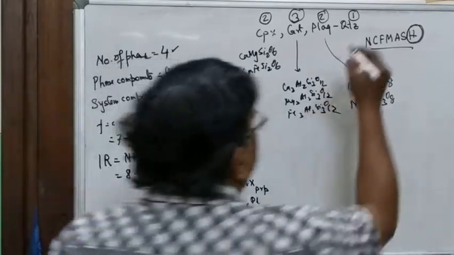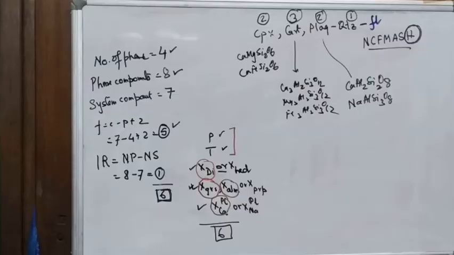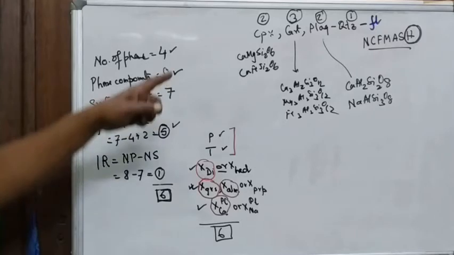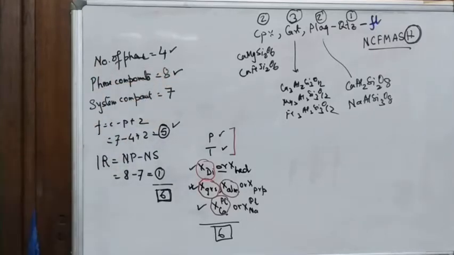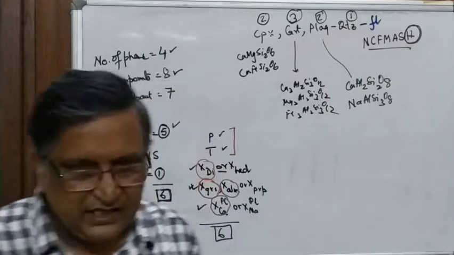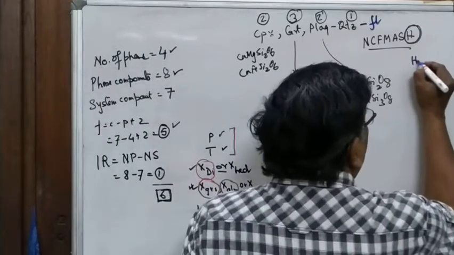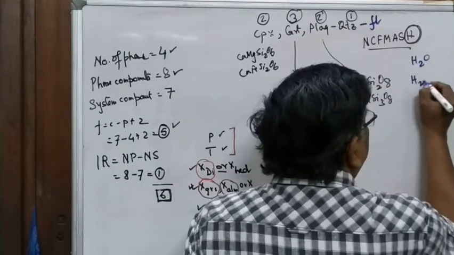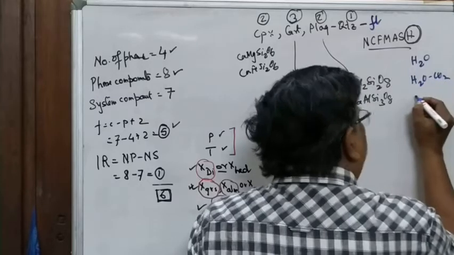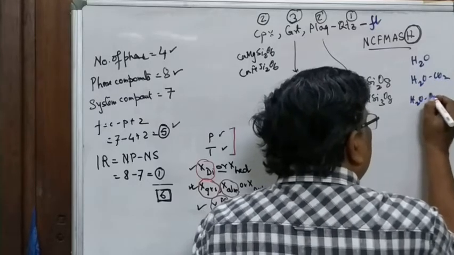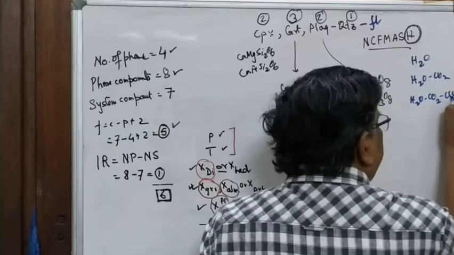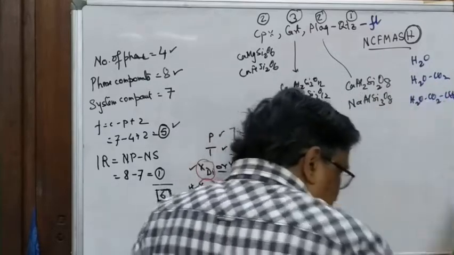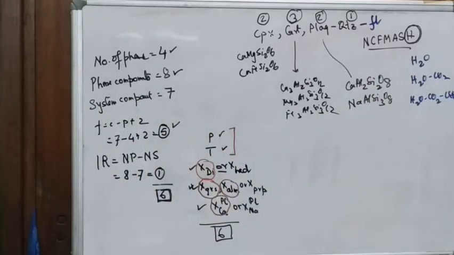Even if I add fluid, I will not be able to solve it. You can try it. If I add a fluid, let's say a fluid is a phase. It can be H2O, CO2, CH4, it can be even more complex, as complex as you want.